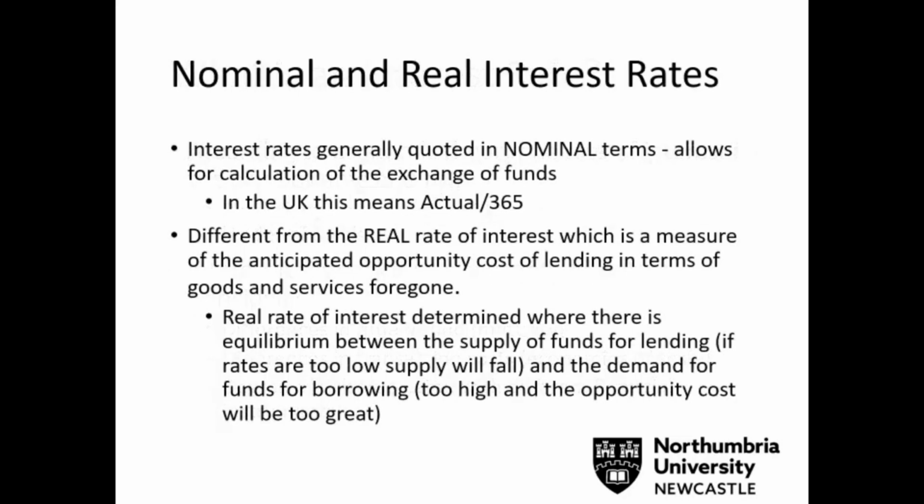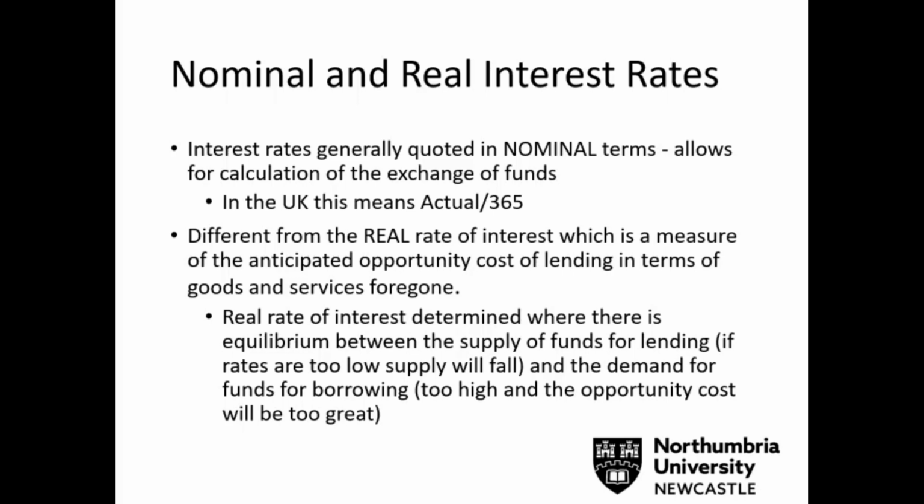So what's the difference between the nominal rate and the real rate? Well, the interest that you normally see, and what I normally see, is the nominal rate. And the nominal rate is calculated using the formula: actual number of days divided by 365 for the UK. So it's really for calculation purposes.